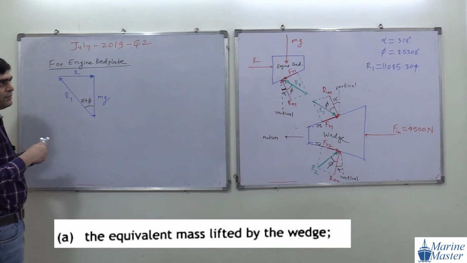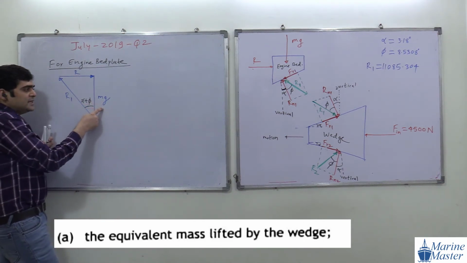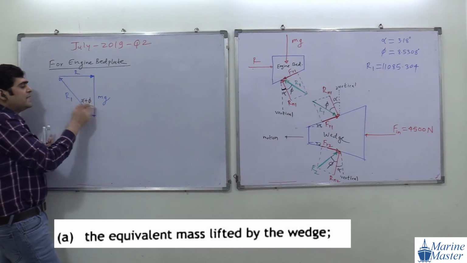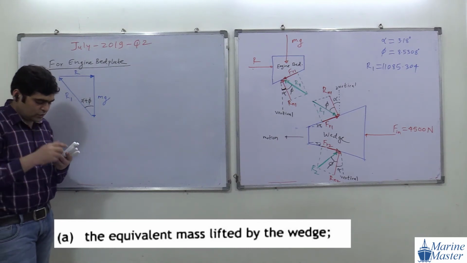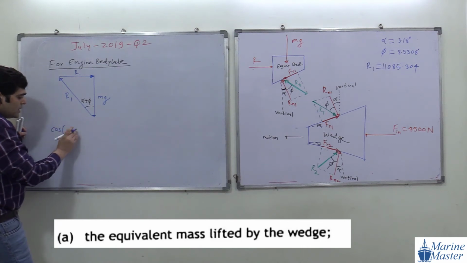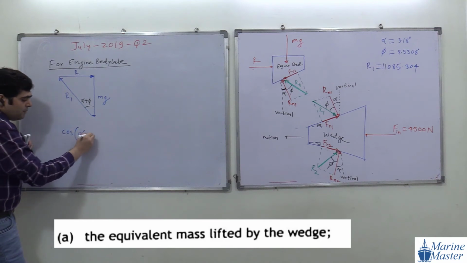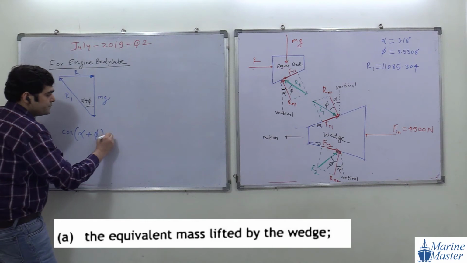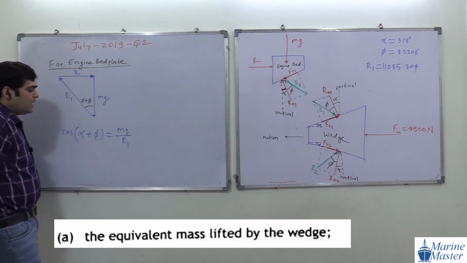And we calculated R1. So try to see the scenario, alpha plus phi. Here mg is the adjacent and R1 is the hypotenuse. What is the relation between adjacent and hypotenuse? It is cos. So we can write cos of alpha plus phi will be equal to mg upon R1.